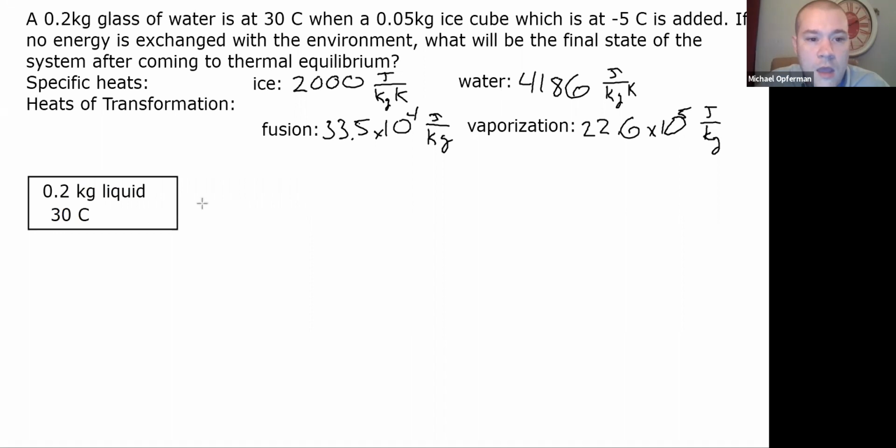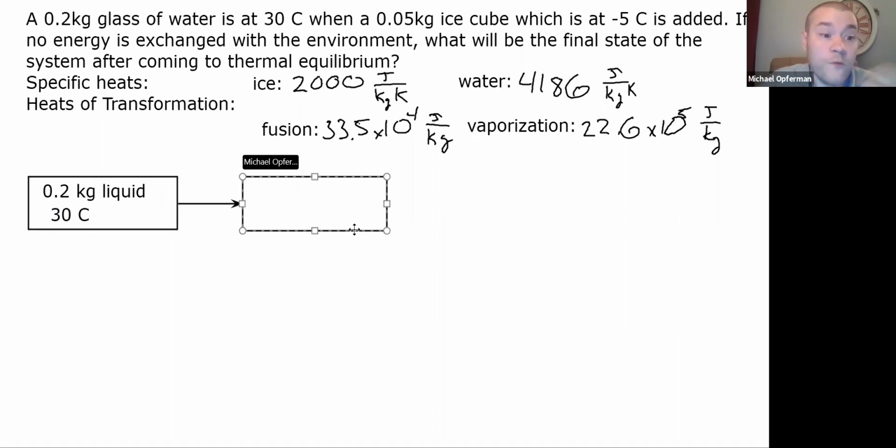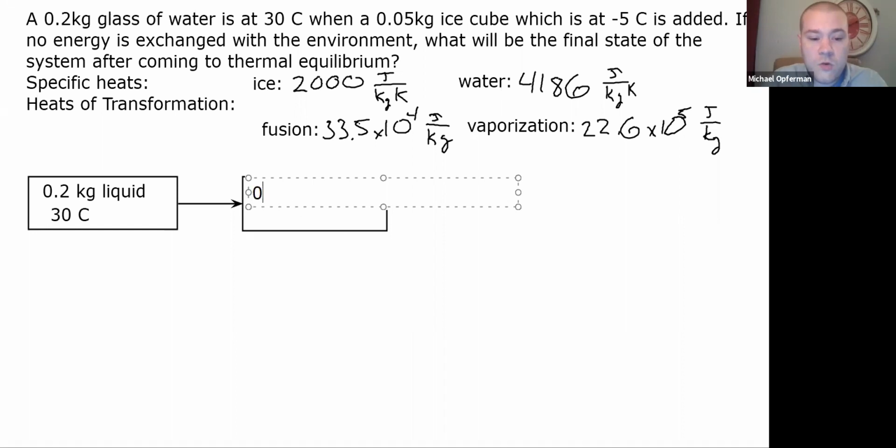Okay. And now that transforms into, now I'm going to assume that the water doesn't freeze when you drop an ice cube in it. I'm assuming that the ice cube is going to melt, which if that ends up not being the case, we'll get a strange answer that doesn't make any sense. So of course, this won't change the mass of what we have.